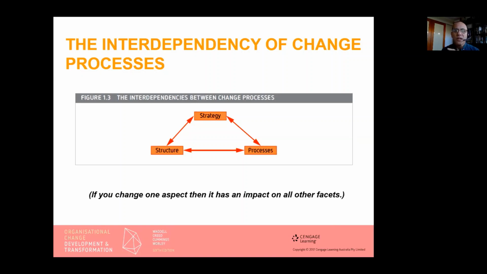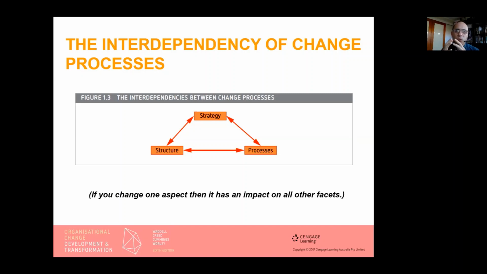So I guess what I'm trying to say is whatever changes you make in terms of your strategy will affect the processes and the structure of the company. Or on the other hand, if you change the structure of a company, like who reports to who, let's say you've got 2 or 3 departments and you are collapsing them into just one department, that structure will affect your strategy, because then you'll have less managers, and perhaps the way you do business, the processes will also change.